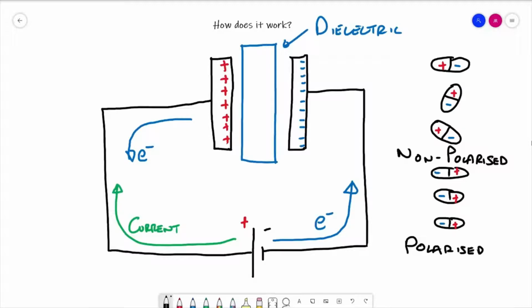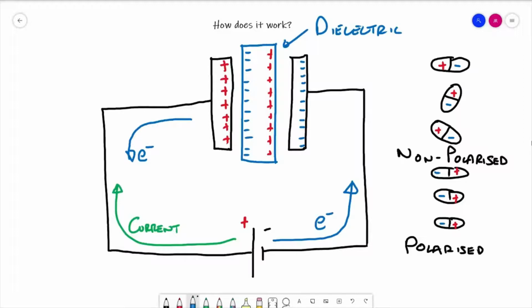When the dielectric becomes polarised then, we end up with, on this side of the dielectric, a net positive charge. And on this side of the dielectric, we end up with a net negative charge. Now, if you think about what that causes in the circuit, the positive side of the dielectric will attract more electrons onto the negative plate, and the negative side of the dielectric will repel electrons from the positive plate.